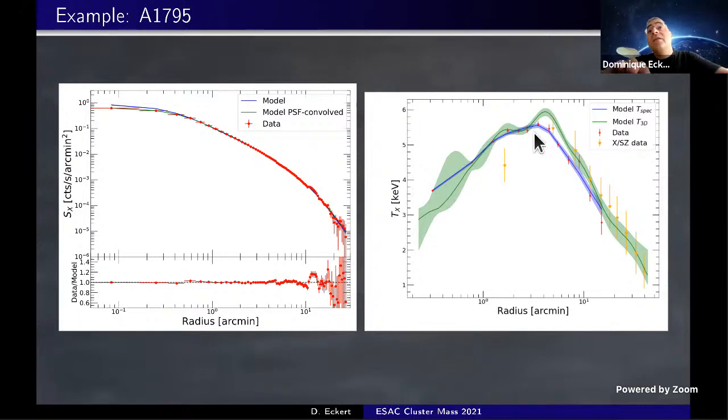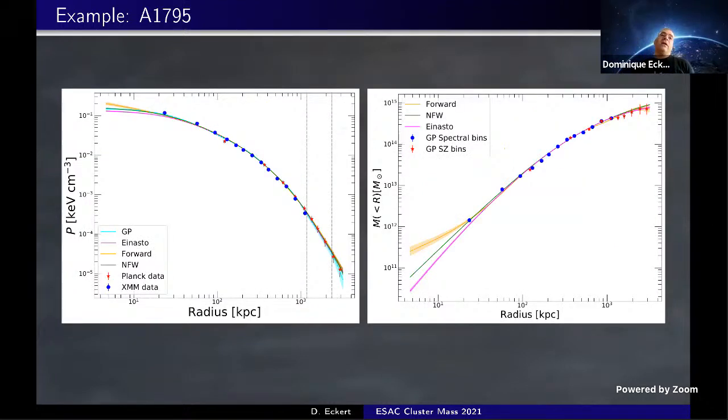In the core we have good constraints from the X-ray spectroscopic data, while in the outskirts these are the temperature points we get by combining X-ray and SZ data, and there you can see that thanks to the SZ data, we can extend the range towards much larger radii than what can be done with X-ray alone.